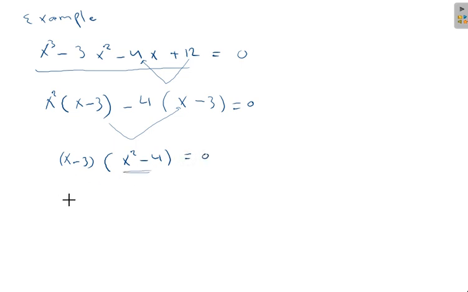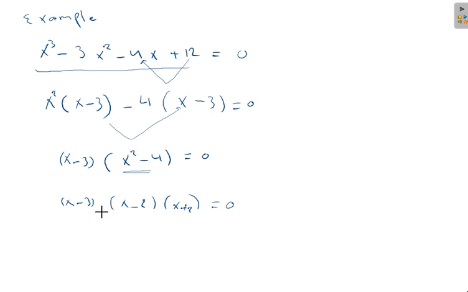Now I can factorize this too, so x minus 3 multiplied with x minus 2, x plus 2, all equal 0. According to the zero product property, these three terms are multiplied to each other equals 0.